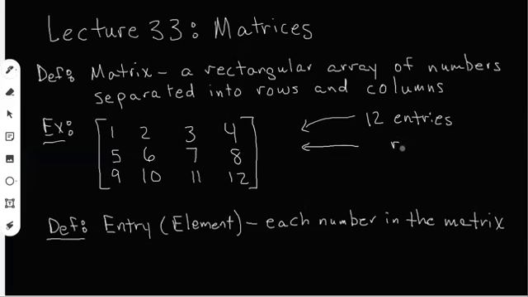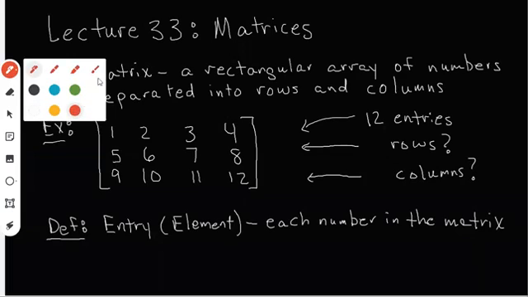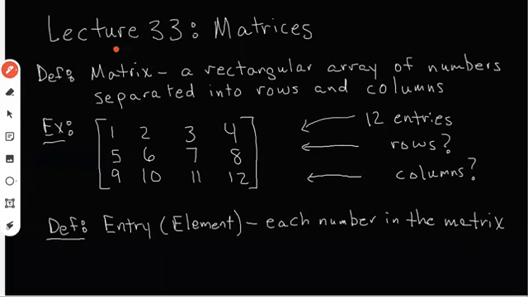How many rows do we have? Also, how many columns do we have? Okay, I'm going to change my color to red. And I'm going to circle all the rows. So this one is the first row.